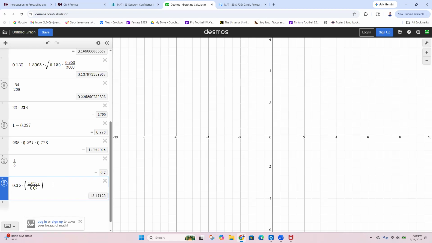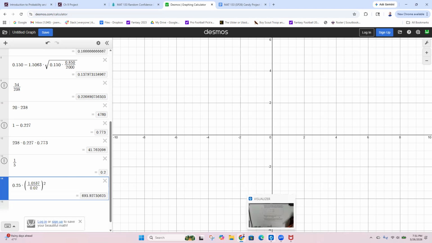Close your parenthesis by hitting the right arrow key and then close your parenthesis. To square this, you hold the shift button and hit 6. Shift 6 is up arrow, and then you hit 2 and that will square it for you. And I get 693.92.